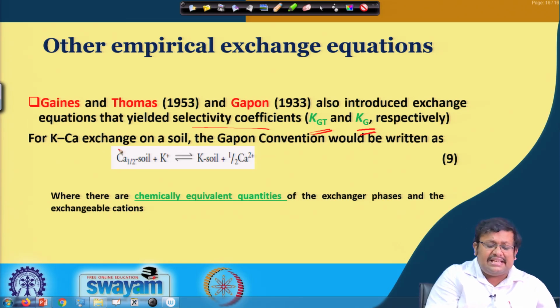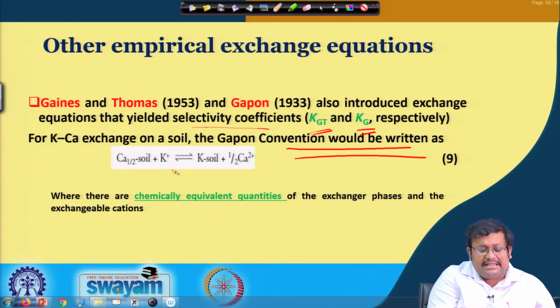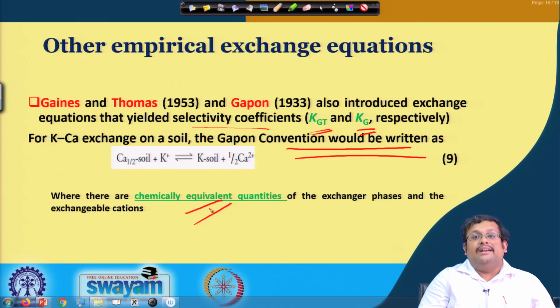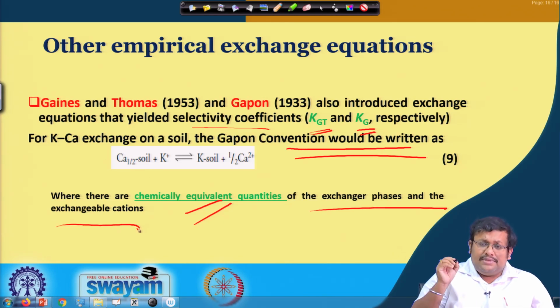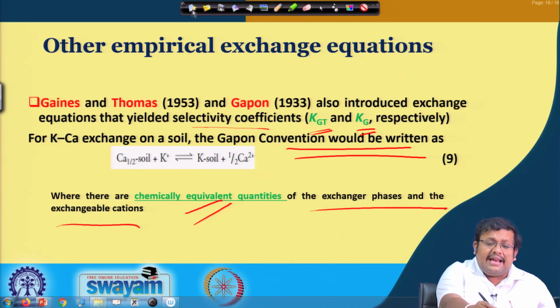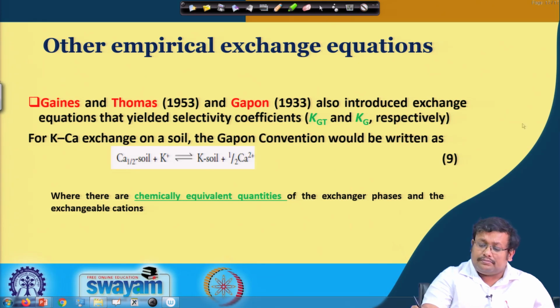So, for K-Ca exchange on a soil, the Gapon convention would be written as Ca half soil plus K plus, then K plus half of Ca2 plus. Here you can see that the exchange is going on with chemically equivalent quantities. It is very important: chemically equivalent quantities of the exchanger phase and the exchangeable cation. This is the special characteristic of Gapon's equation.